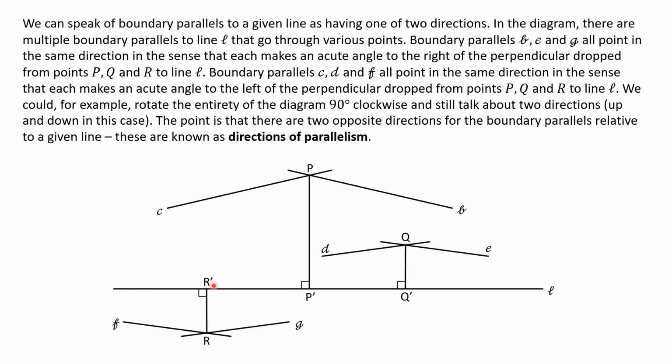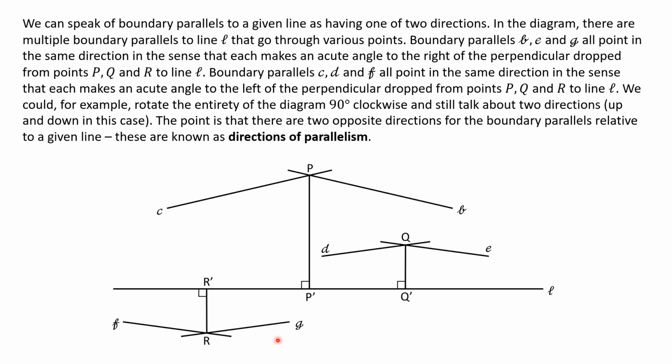In the figure, we have a line L and 3 points P, Q, and R, and then for each point we've dropped a perpendicular down from the point to the line. See here. And we also have these parallels to the line L. So C, B, D, E, F, and G are all parallel to L. We could talk about two different directions of parallelism.